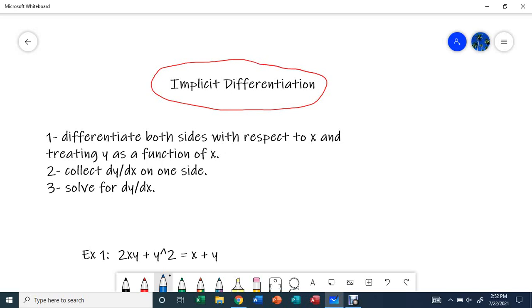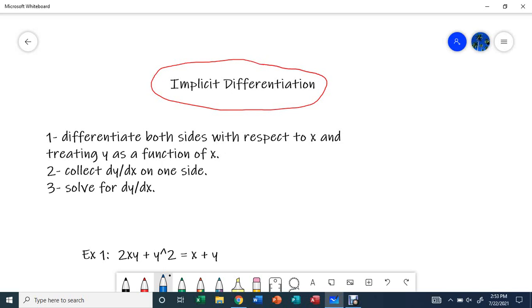For example, if you have x cubed plus y cubed equals negative 8xy, it's hard to solve for y in terms of x. So we can still find the f prime using the implicit differentiation technique.